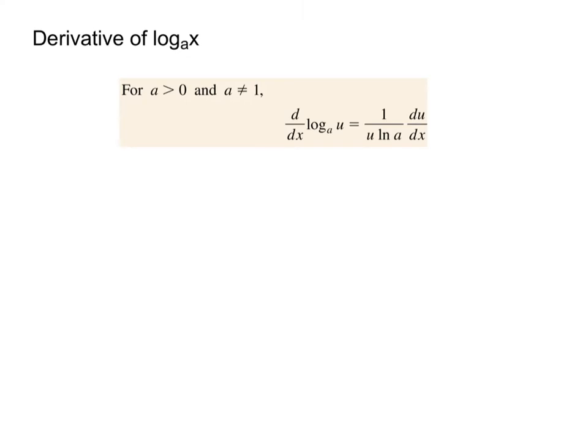Then finally we have the derivative of log base a of x. So I wrote it correctly this time. The derivative of log base a of x is the same thing as we just did before, except it's 1 over x times the natural log of whatever the base is.